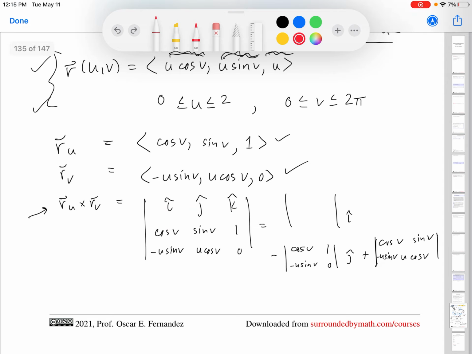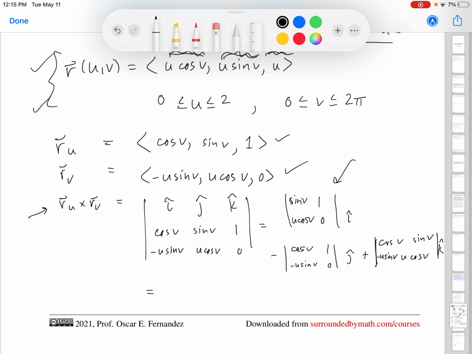So that gives us sine of v and 1, and then u cosine v and 0. Great. And then this is the actual term that you obtain by deleting first row, last column, which is the k hat term. Okay, great. So we've written everything out, and now we just have to calculate away. I'm going to put the k hat here.